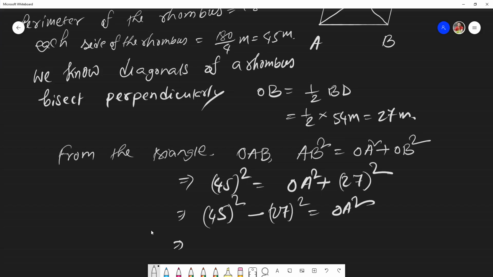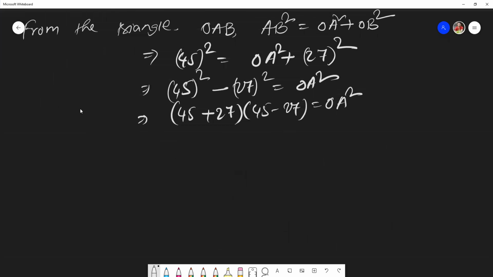There will be now 45 plus 27, A square minus B square formula, 45 minus 27 is equals to OA square. Now 45 plus 27 is 72 multiply.